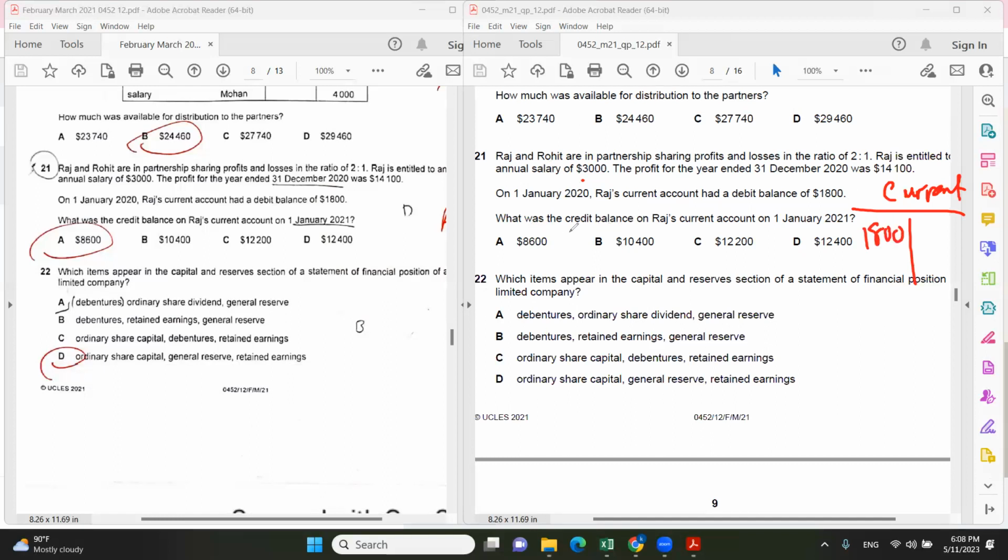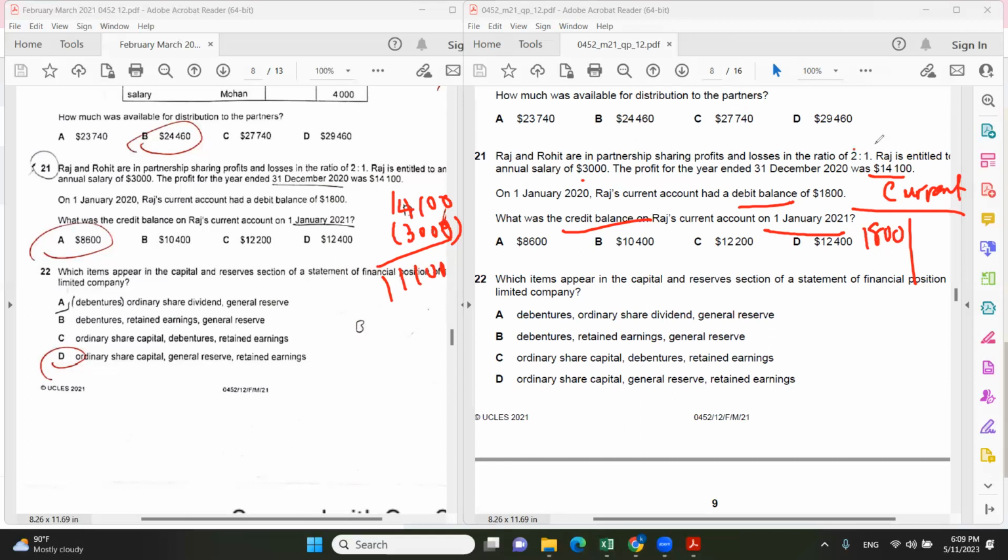So what was the credit balance current account on the 1st Jan? So beginning here is a debit balance. Now I have the profit for the year, 14,100. I had to minus the salary, which is left with 11,100.